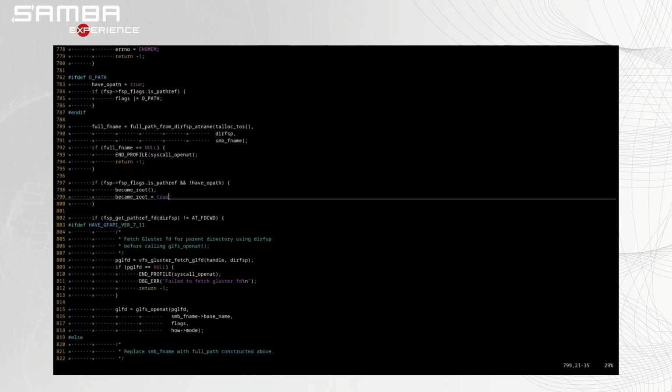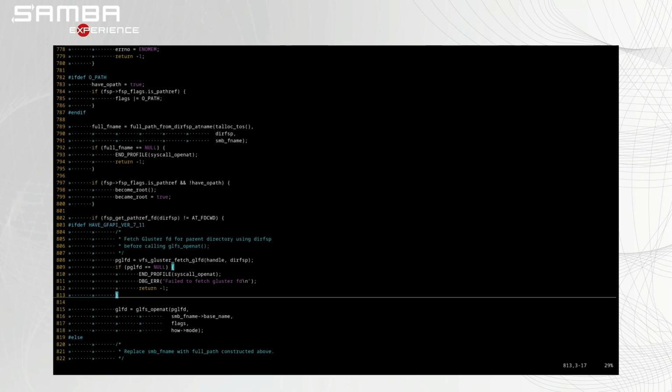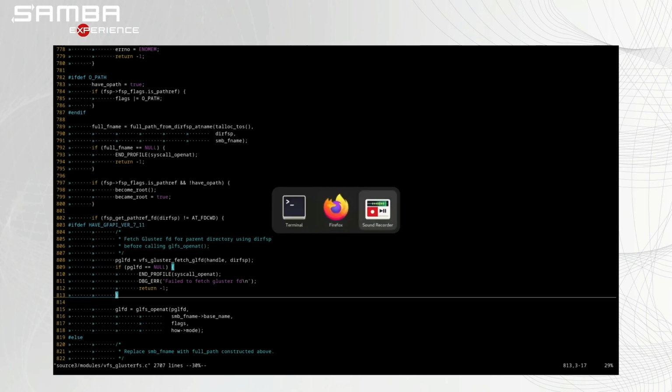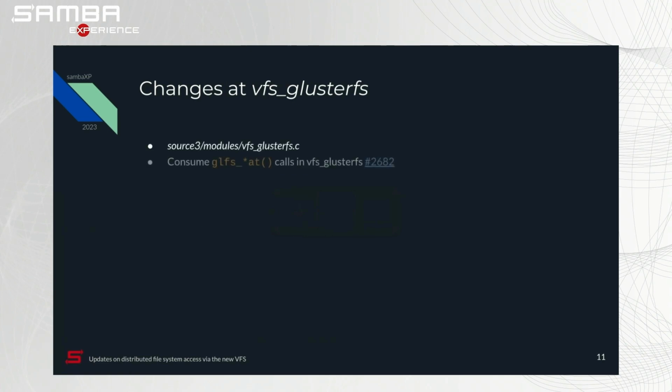Within Samba, the vfs_glusterfs source file is located at source3/modules/vfs_glusterfs.c, and the @variants were basically added via the merge request that is already linked in the slide, merge request number 2682, which consumed almost every required glfs @variants for various APIs in vfs_glusterfs.